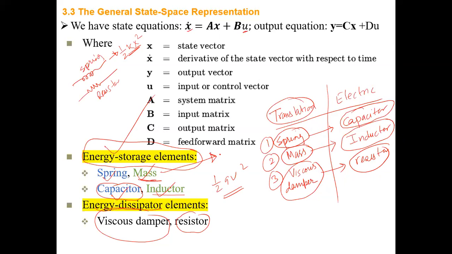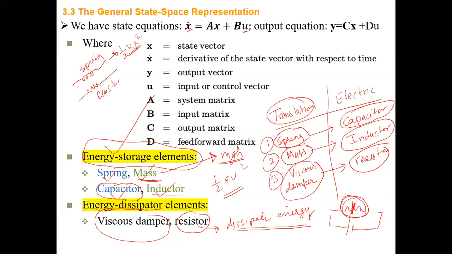What is the energy stored by mass? mgh. But the resistor, it dissipates energy. You can verify that because suppose you have the circuit connected to the battery. Then after some time, what happens? This becomes hot. Why? Because this guy dissipates energy. Similarly, viscous damper, it dissipates energy. So these two components are energy dissipator, and these four components are energy storage element.